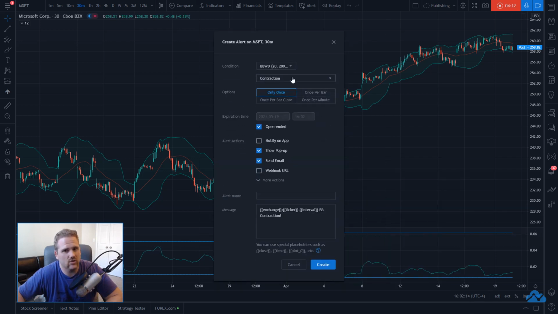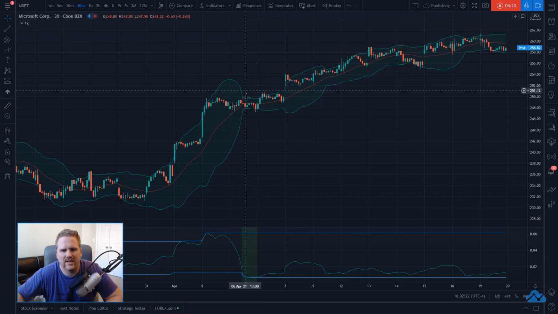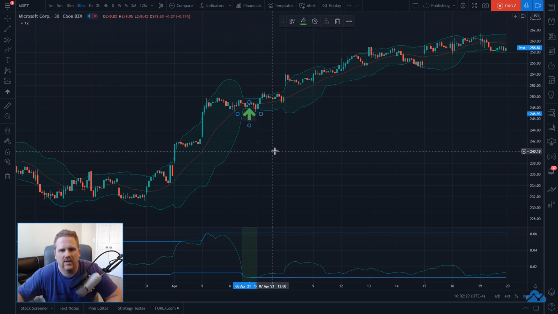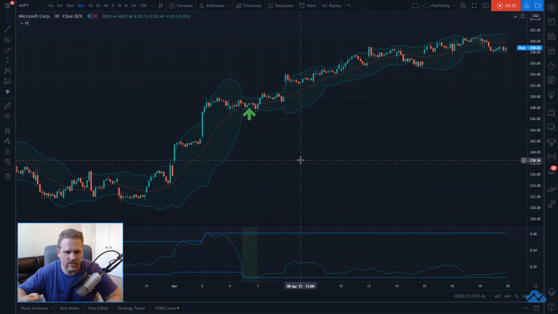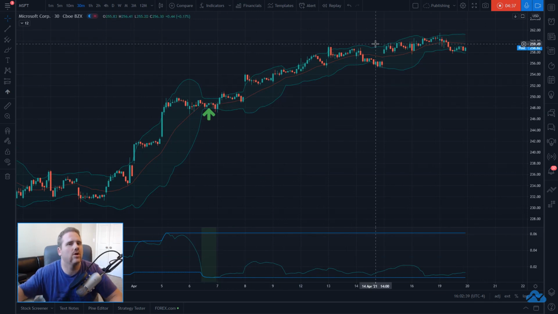So whenever you have a contraction, you can tell TradingView to send you an alert. And so if we look at this here, when we had this contraction, if we had gotten that alert, we would have known that here was actually a very significant squeeze in the Bollinger Band width. We actually had a meaningful contraction of the Bollinger Band, which price did explode out of.